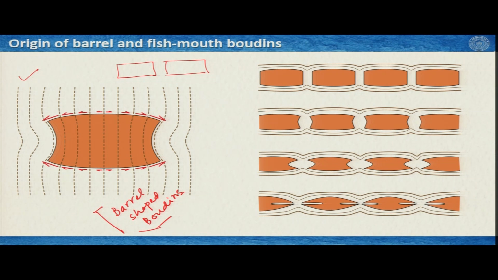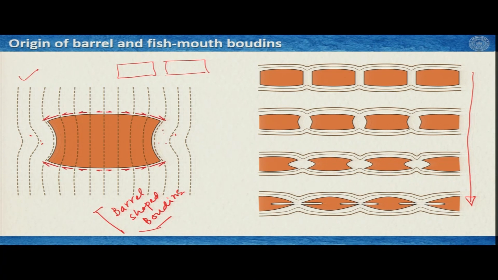The barrel shaped Boudins with straight edges are produced with some amount of necking, which is followed by extensional fracture at the neck joints, mostly at these places. So, this barrel shape that we see here can actually be further modified by post Boudinage plastic deformation. This is illustrated here. We will see one after another how these happen.